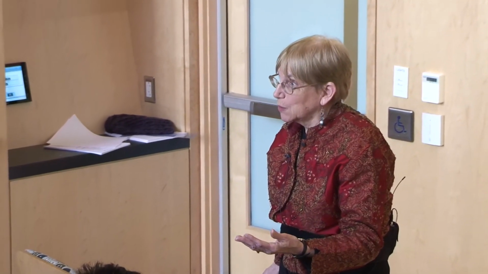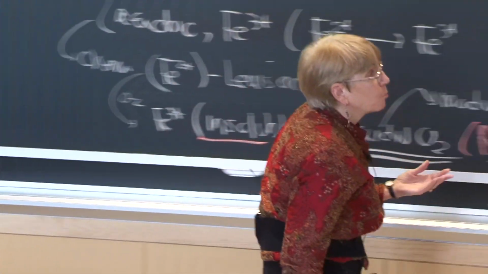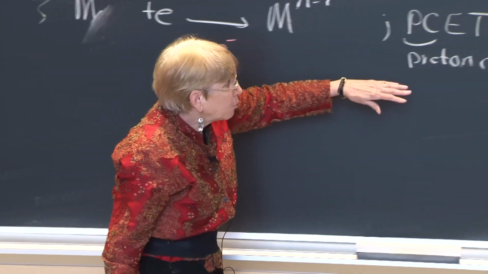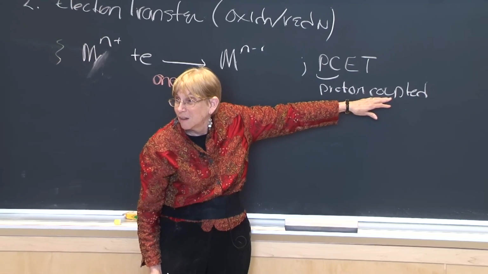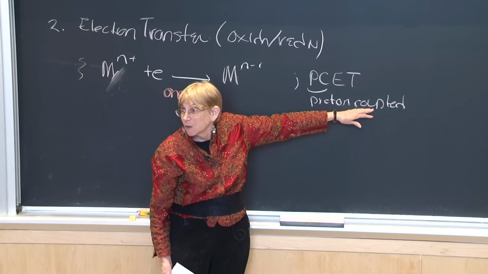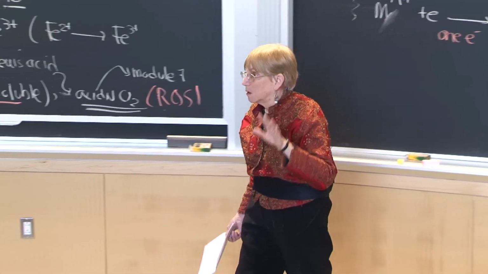That involves proton coupled electron transfer. If you're converting water into oxygen, again, you've got to take care of the electrons and the protons. And if I get that far in the last module, my lab works on ribonucleotide reductases. That makes a precursor to DNA. You would never think about radicals at all, but that chemistry involves proton-coupled electron transfer.